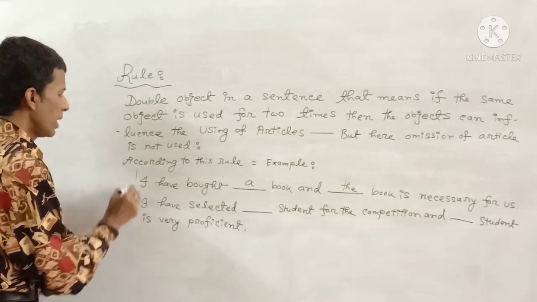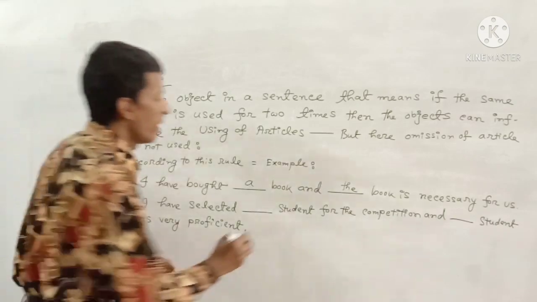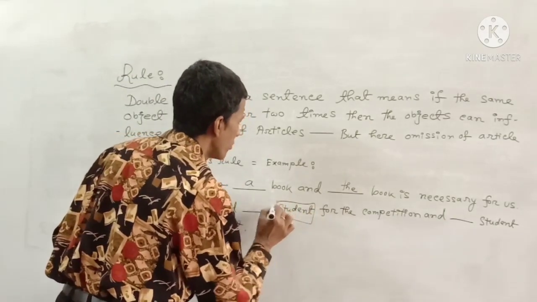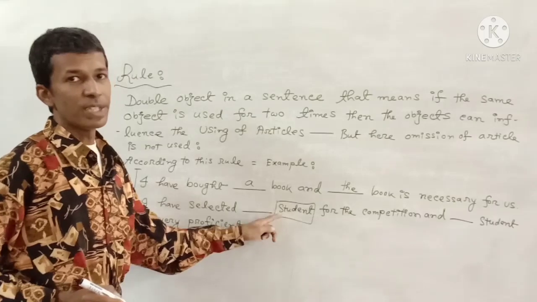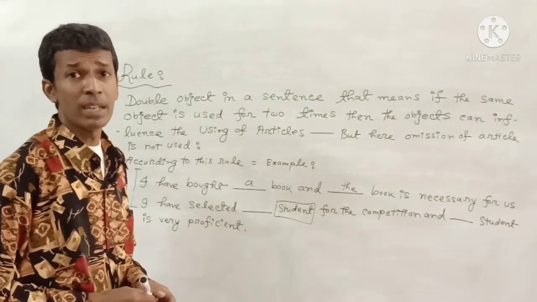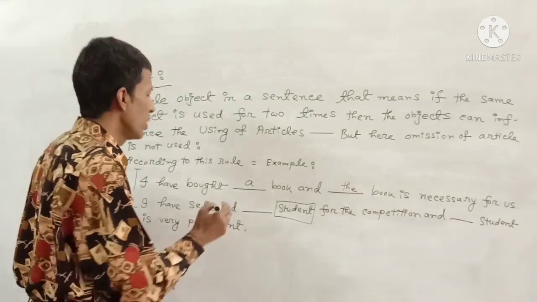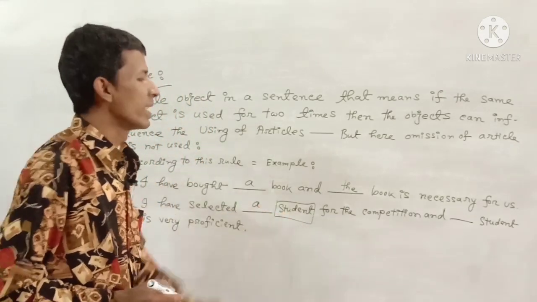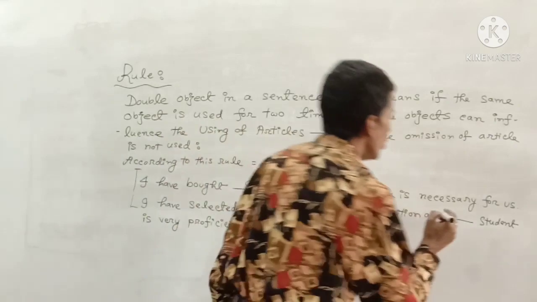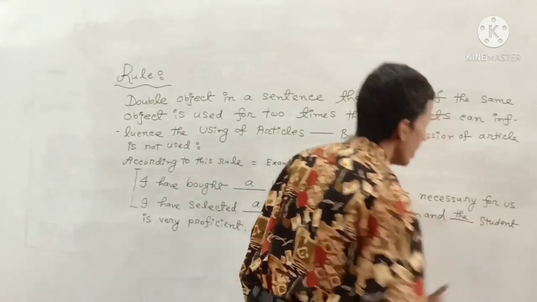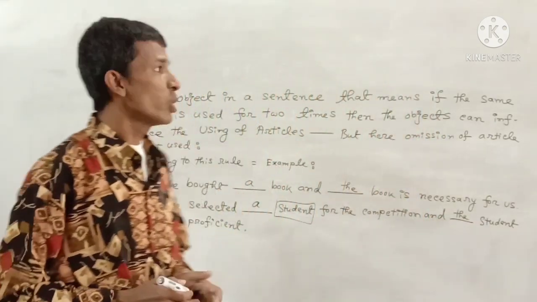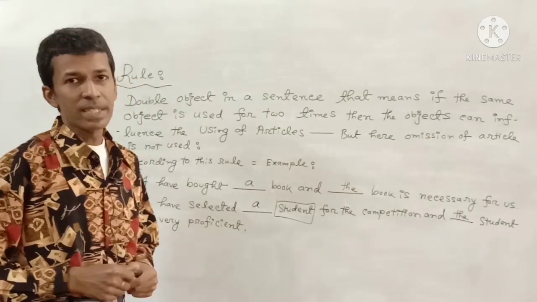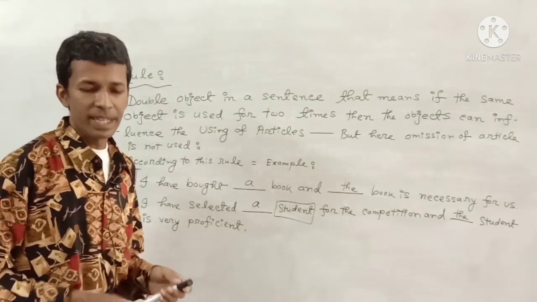In the same way, you will first read the first object and find out what type of letter is used here, either vowel or consonant. As a result, you will have to use a, because this word also starts with a consonant. And in the next example, no way but to use the definite article. In this way, the using of double objects can influence the using of articles.